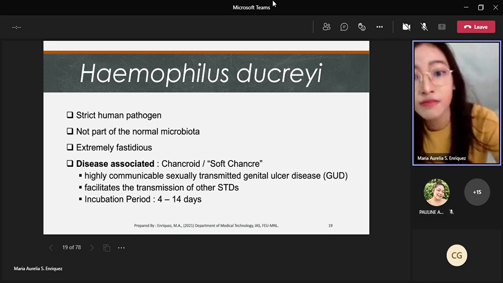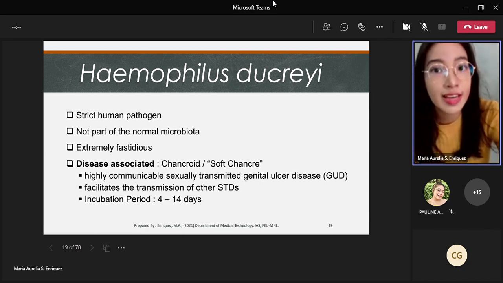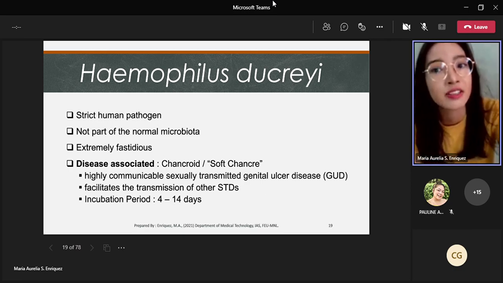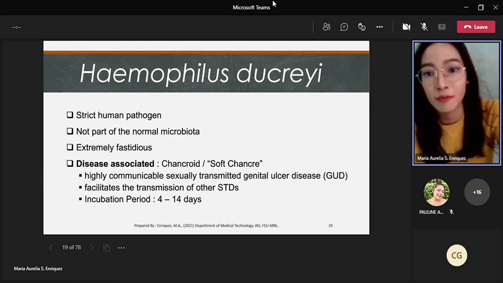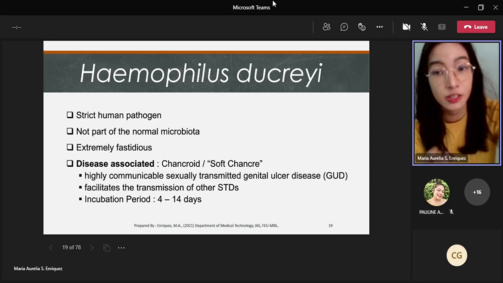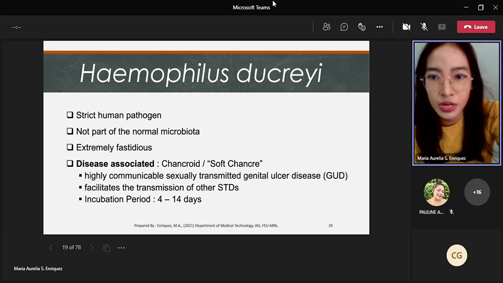So please do not confuse this with hard chancre, which could be observed in cases of syphilis. Mga next week pa po natin madi-discuss yun. Syphilis is caused by Treponema pallidum. Okay, so again, Haemophilus ducreyi causes soft chancre or chancroid. Incubation period would range from 4 to 14 days upon initial exposure.